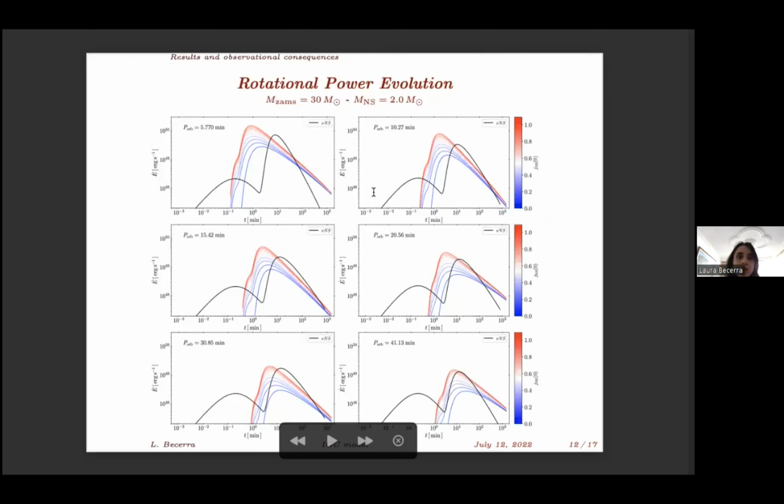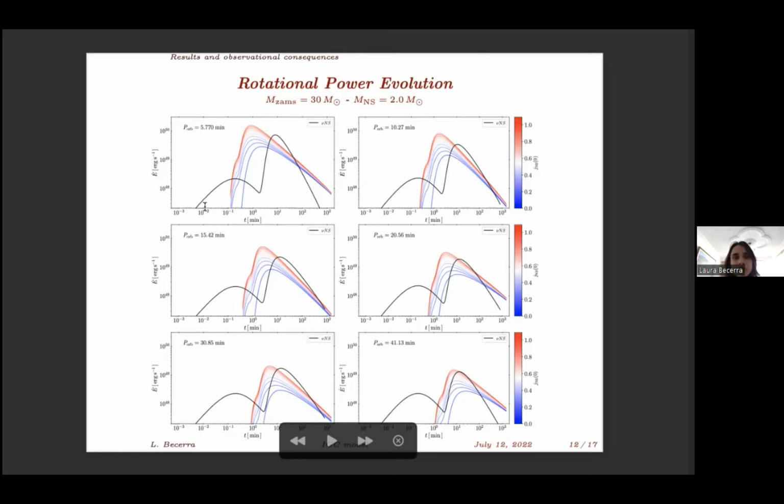Okay. Also, with this simulation, we can calculate the rotational power from the evolution of the supernova due to the accretion of angular momentum. And we see that this luminosity will be characterized by two peaks that correspond to the accretion rate of the new neutron star, the initial fallback accretion and the late accretion from the disk of the new neutron star.